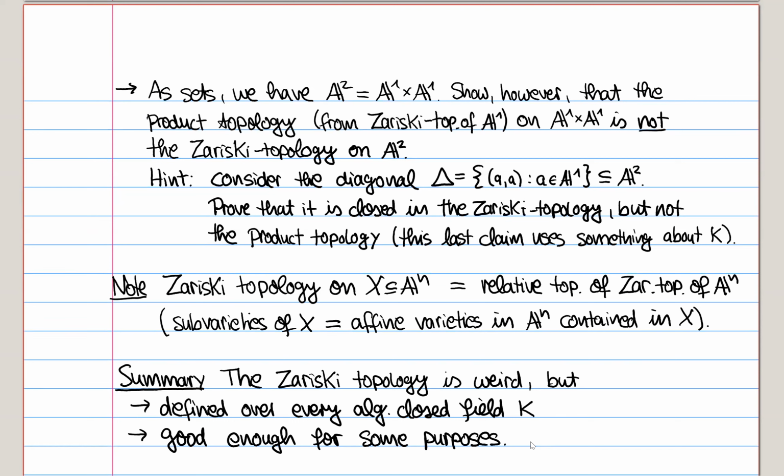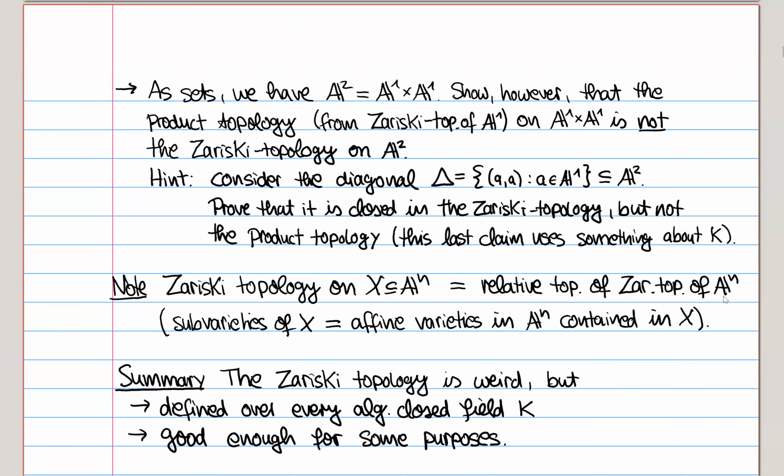In fact, in a lot of ways, these bugs that we saw above turn out to be features, which allow us, for example, to define the dimension of X purely in terms of its topology. A final note that I wanted to add here is that the Zariski topology on X, which is what we defined: if X is contained in A^n, then you can check this Zariski topology on X is also the relative topology of the Zariski topology of A^n.